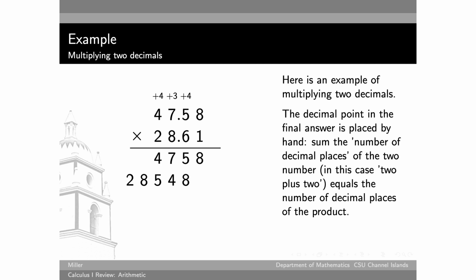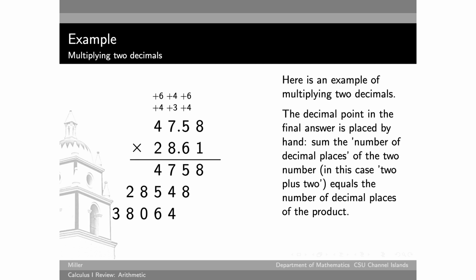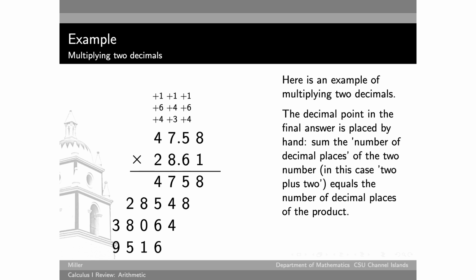So this is what my paper might look like after I do that next product. Now I move to the third numeral in the second number, 8, and I'm going to do the same thing. 4758 times 8, and I get 38064. And then I move to the last numeral, the numeral in the tenths place of the second number, and do the multiplication. 2 times 4758, and I get 9516.